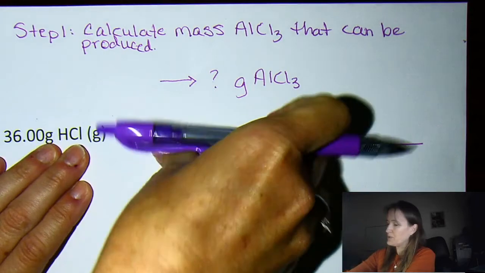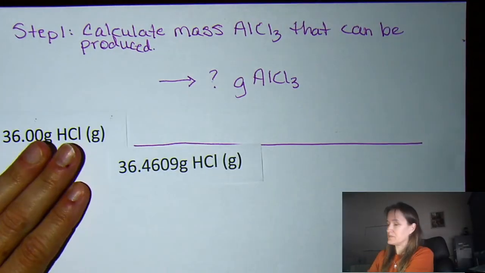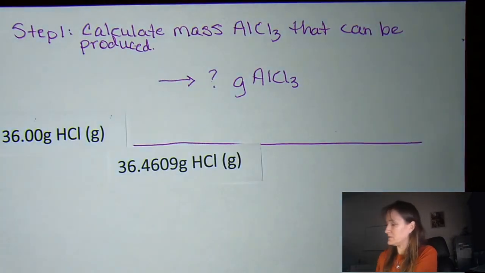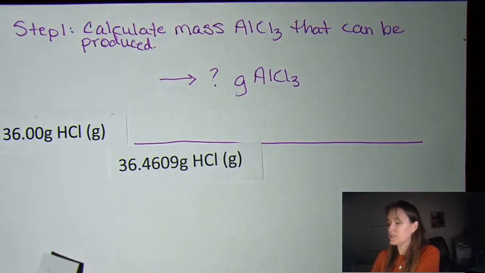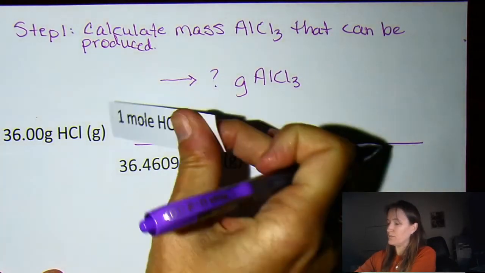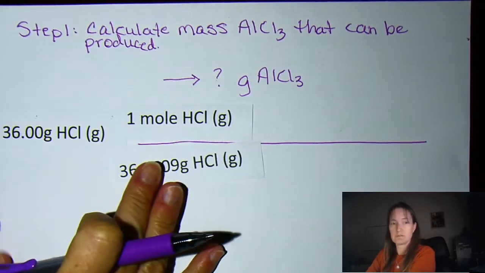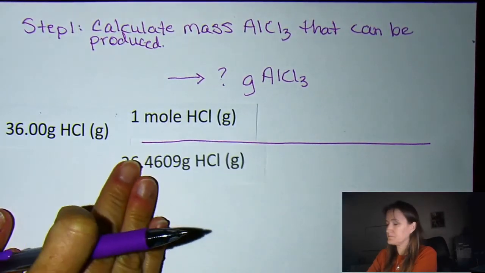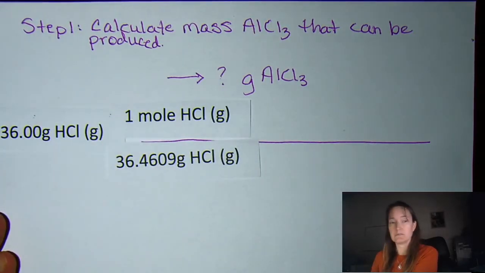And so we're going to put grams on the bottom of our first conversion factor, so that grams of HCl will cancel. 36.4609 grams is the same thing as 1 mole of HCl. So this gives us moles of HCl.